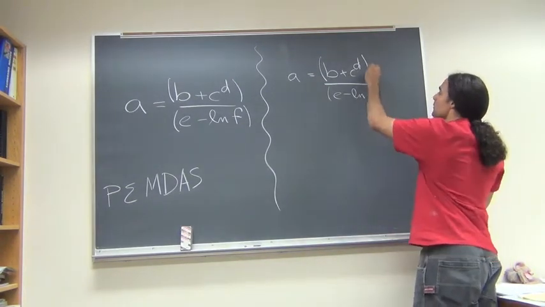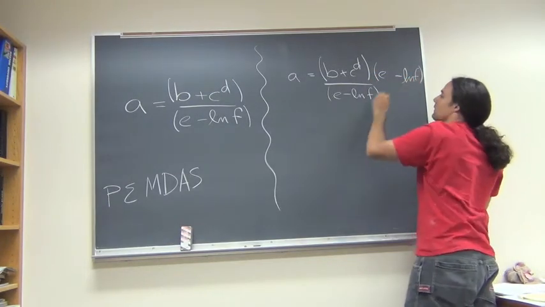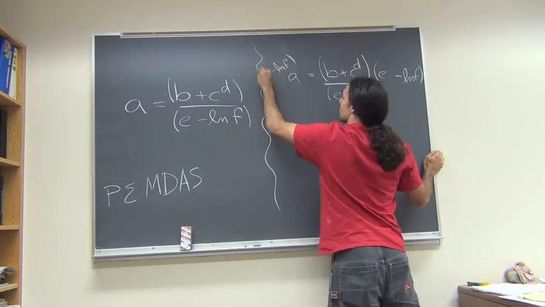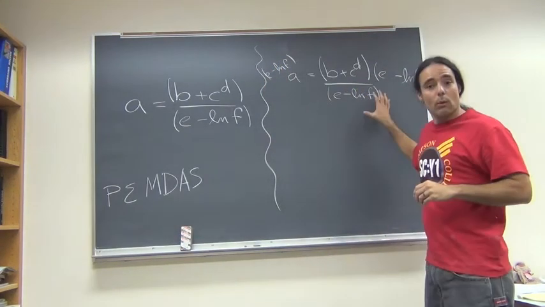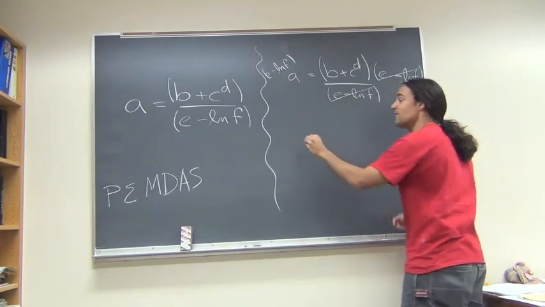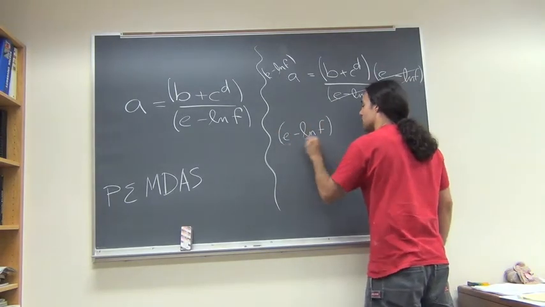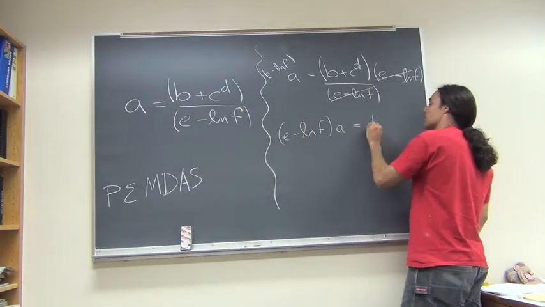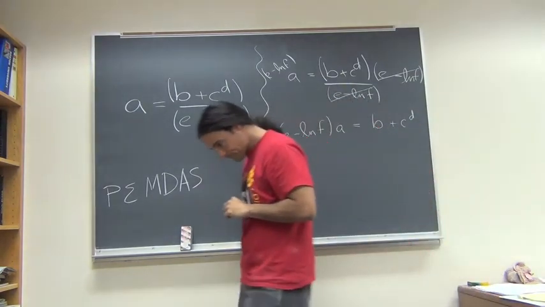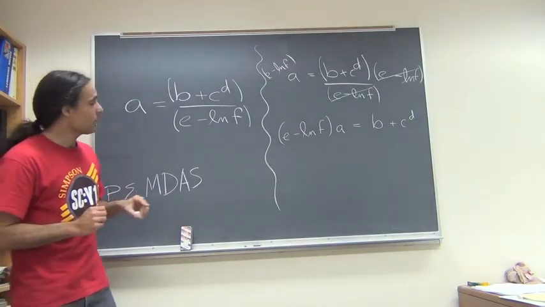So let's multiply both sides by E minus log F, and then times E minus log F on this side. And on the right-hand side, that E minus log F will cancel out. On the left-hand side, I'm just going to get E minus log F times A. And then on the right-hand side, I'm going to get B plus C to the D. That's a good start.